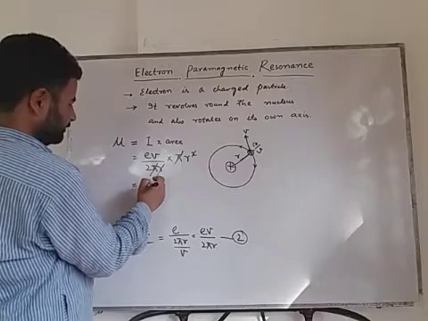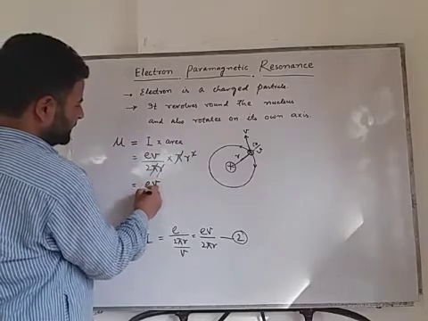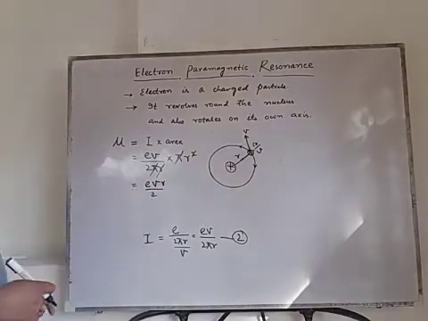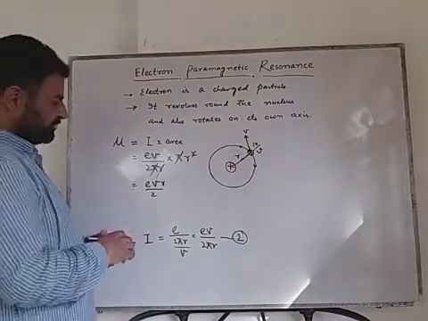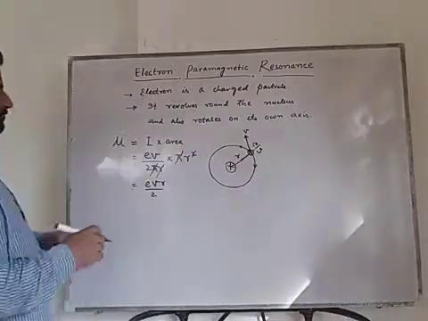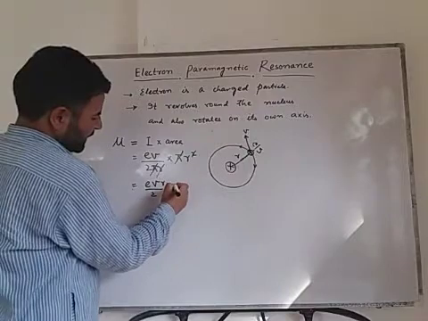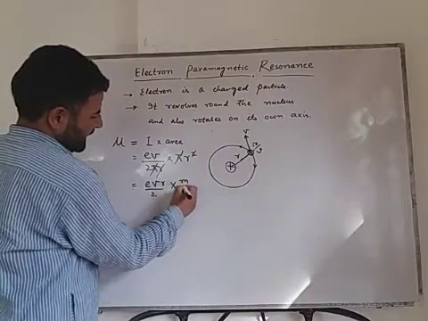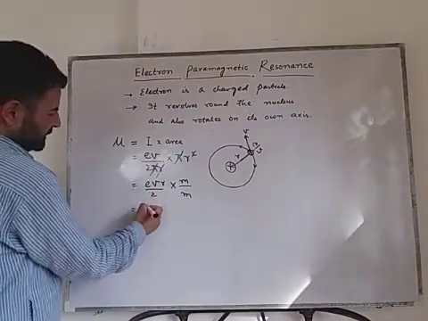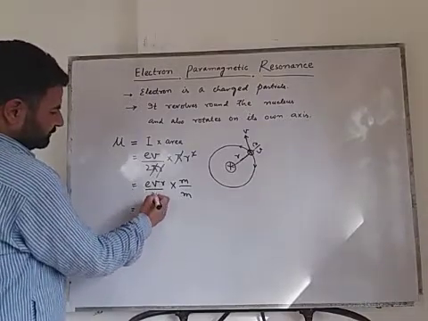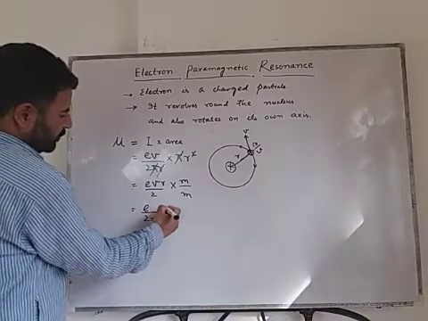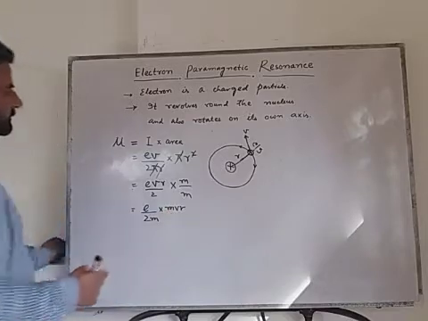It will give us EVR divided by 2. If we multiply this EVR divided by 2 by m divided by m, what will we get? We will get E divided by 2m into mvr.